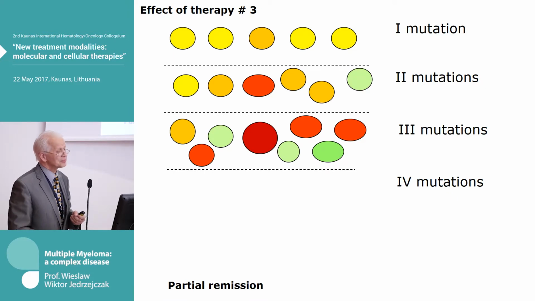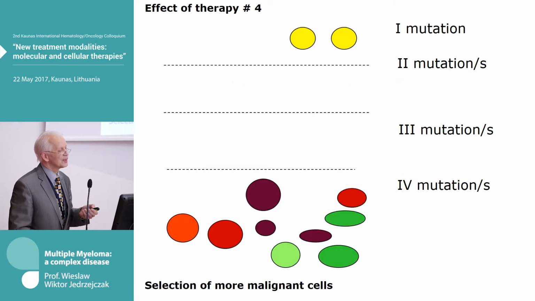But most frequently we receive something like this, which is partial remission, where we essentially eliminate the most advanced, most aggressive cells, because they are usually more sensitive to chemotherapy or immunotherapy or various other modalities that we now use in myeloma.